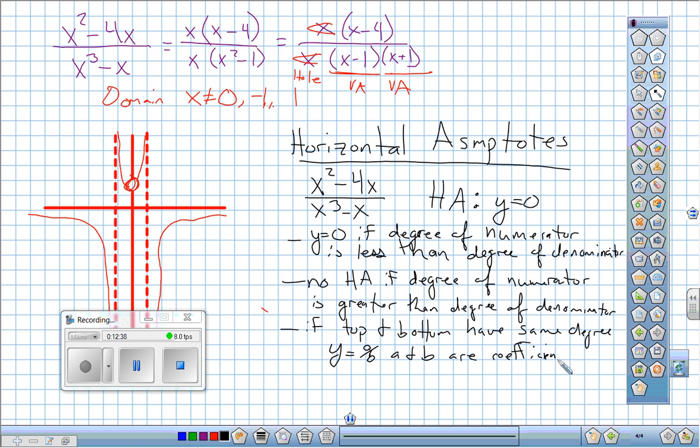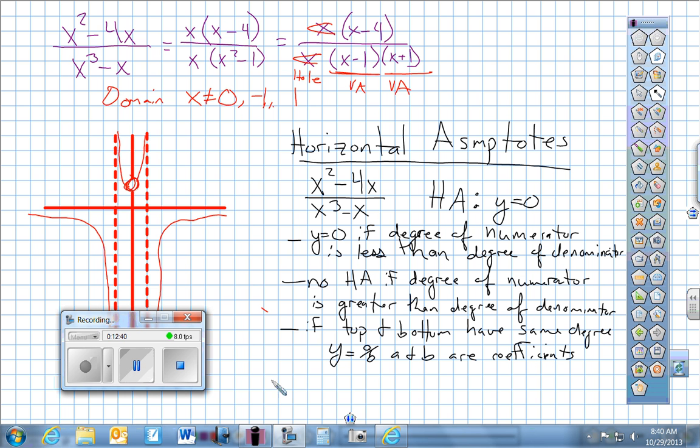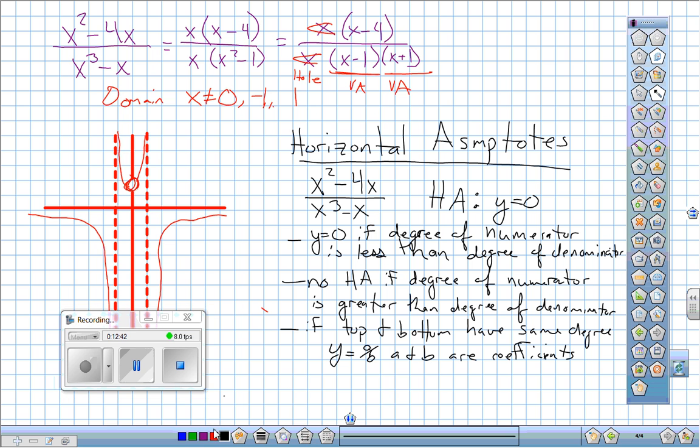So an example real fast is the one that they give you: negative 7x to the fourth minus 10x squared plus 1, over 11x to the fourth plus x minus 2.